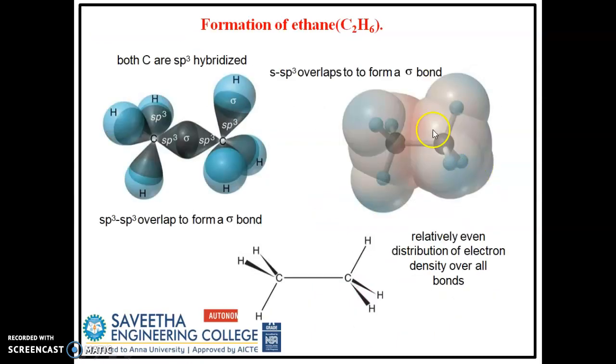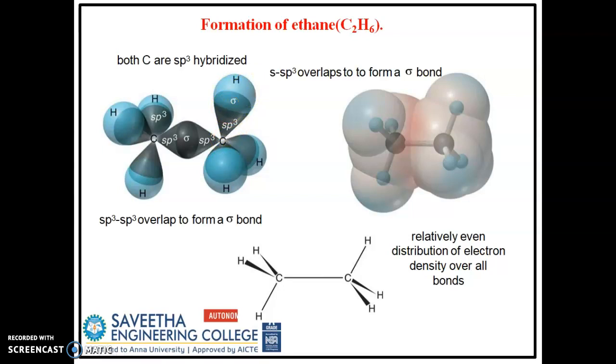Next, the formation of bonds in the ethane molecule. In the ethane molecule, there are two carbon atoms and 6 hydrogen atoms. In this, the bond formed between the two carbon atoms is a sigma bond, and the bond formed between carbon and hydrogen is also a sigma bond.